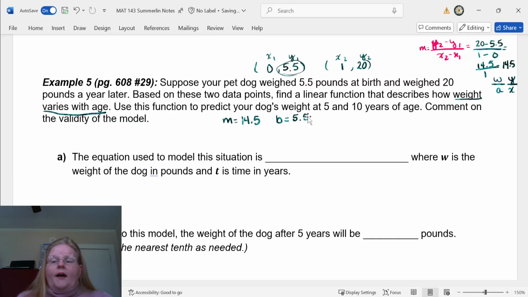So now that we have our y1 and our m, we can write y equals mx plus b and get that y equals mx plus b is going to be y equals 14.5x plus 5.5.